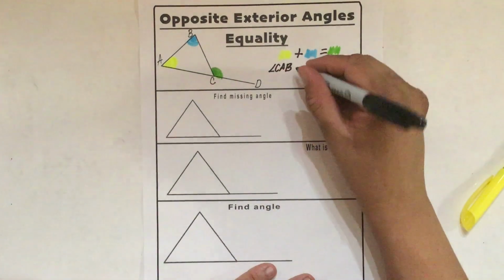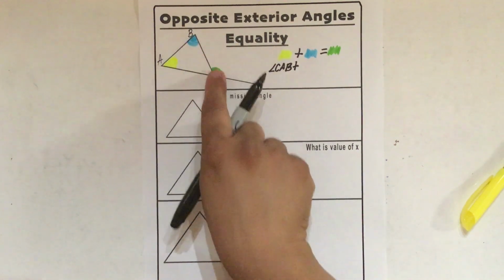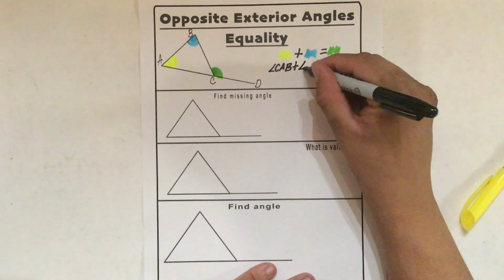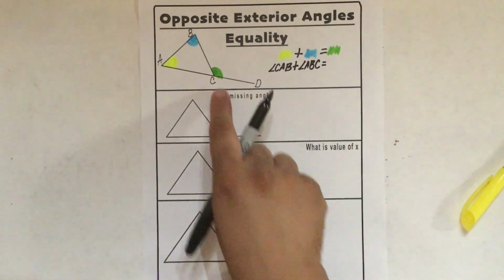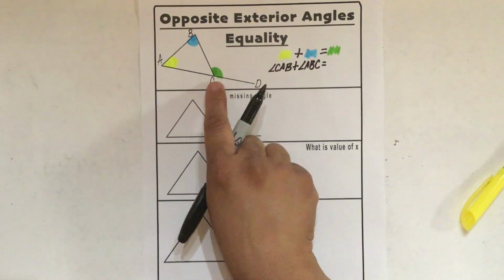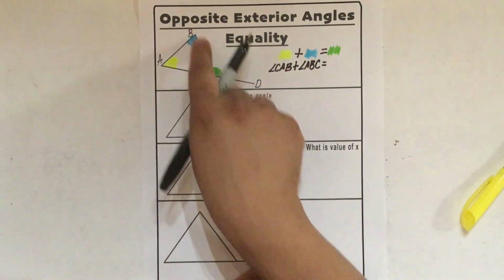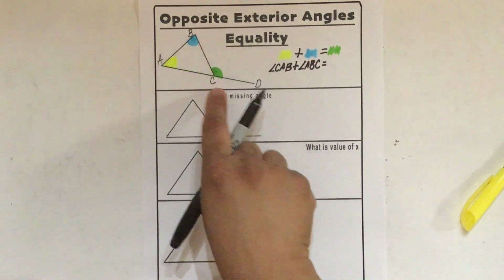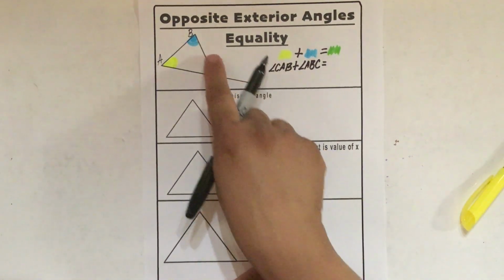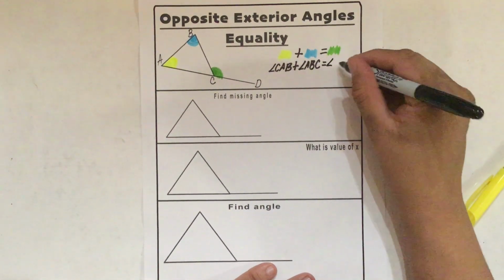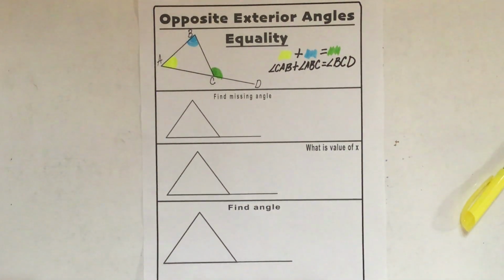Plus the blue angle, B is in the middle, angle ABC, is equal to this green angle, which is angle C, but it's BCD. The D is involved here on the outside. I can't go BCA because it's going this way. It's got to be BCD because it's that way here, and it's this green one, right? It's equal to BCD, C has got to be in the middle, and D.